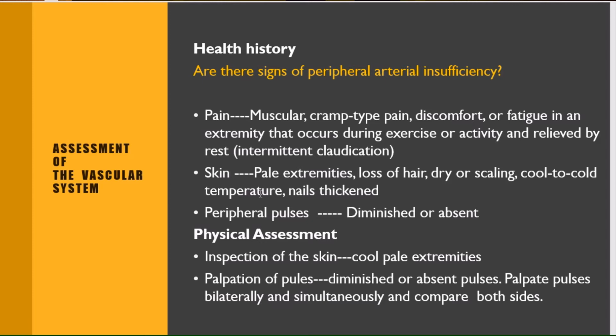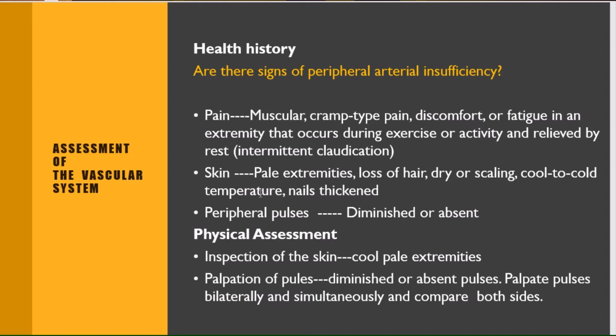It could be in the buttocks area or the calf area, because those are the muscles crying for oxygen. Because there is poor perfusion, the blood is not going through, so the tissue or muscles are not getting that oxygen, and the muscles get really painful.